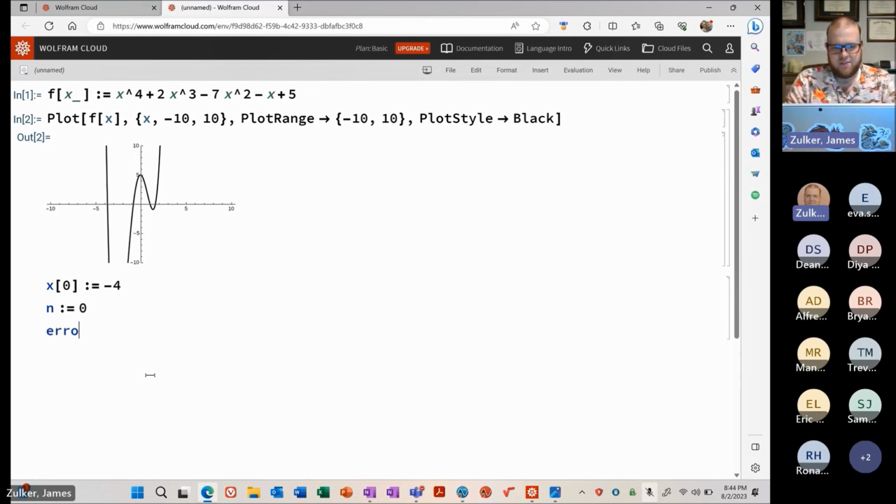I'm going to set my error to be 1. I'm going to use a while loop. I'm going to say while my error is greater than 10 to the -3, right? That's 3 decimal places.